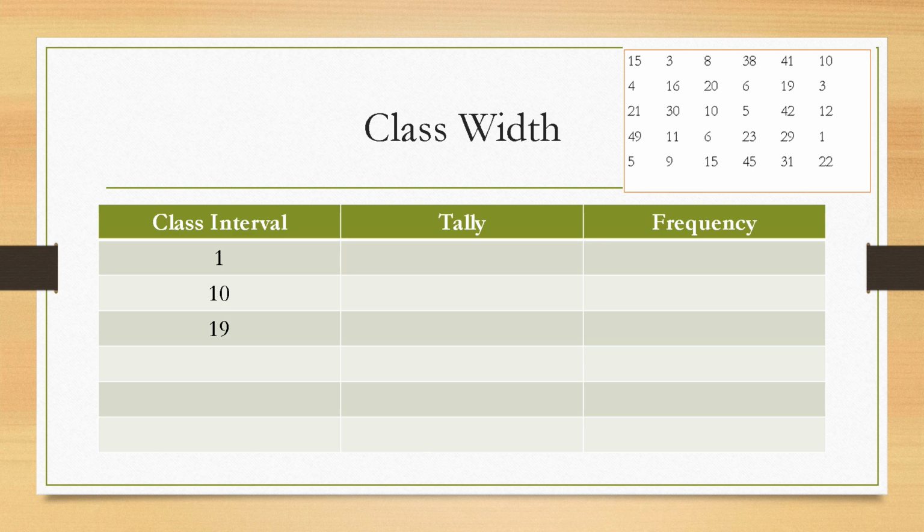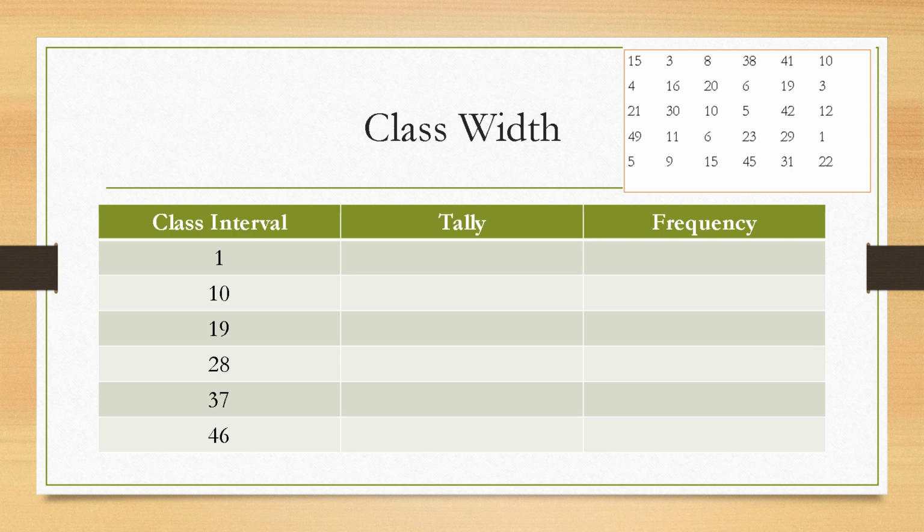Then 19 plus 9 is 28. 28 plus 9 is 37. And for the last, 37 plus 9 is equal to 46.